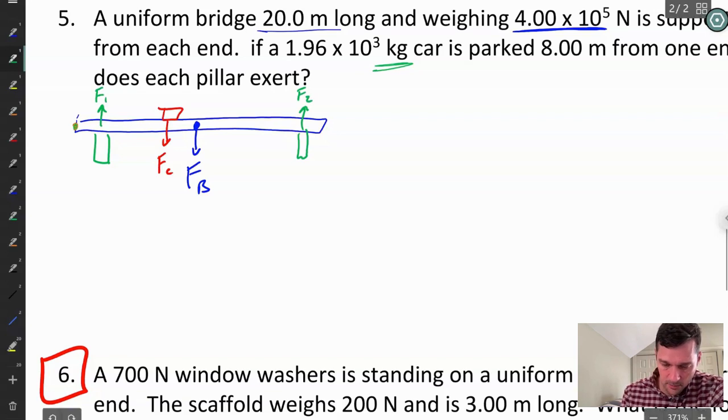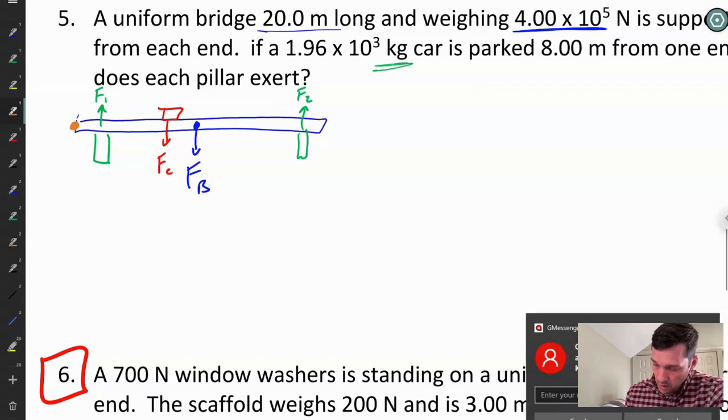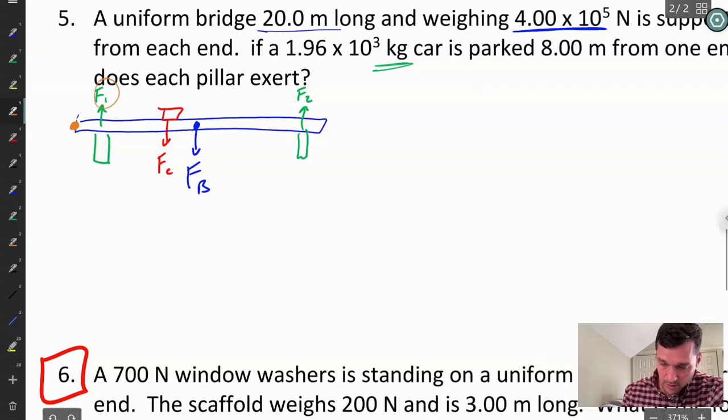If we chose the point of rotation to be the far end, then each of these 4 forces could conceivably exert a torque about this point. But because we don't know either this force or this force, that would leave us with 2 unknowns and yet only 1 equation. So that is less appealing.